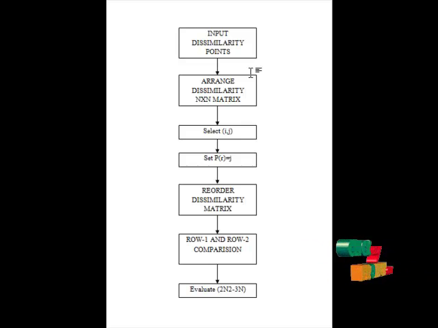By using this comparison, we reorder these pixels in a matrix and finally evaluate 2n squared minus 3n. This will generate the final result of O of n squared. Thus, we reduce the computational complexity by using an efficient formulation of the iVAT algorithm.